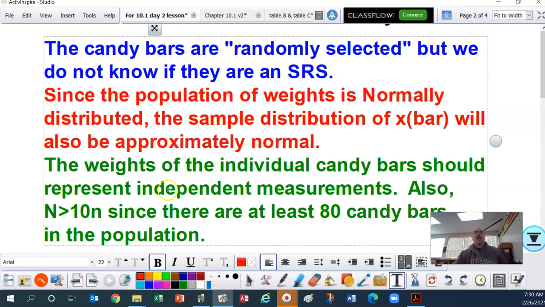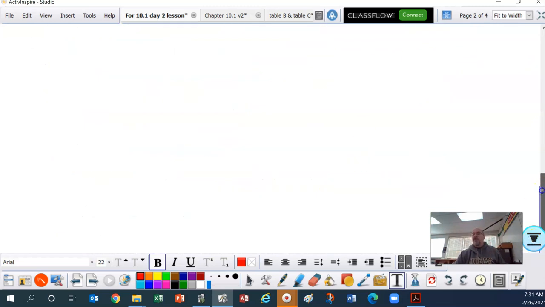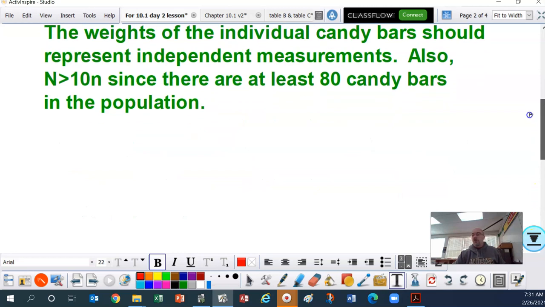The weights of the individual candy bars should represent independent measurements. Also, the population is greater than 10 times n, since there are at least 80 candy bars in the population. All right, step 2 is done. Now we're going to go to step 3. Step 3, we are going to do our calculations.